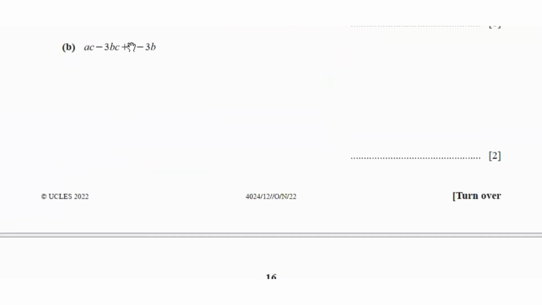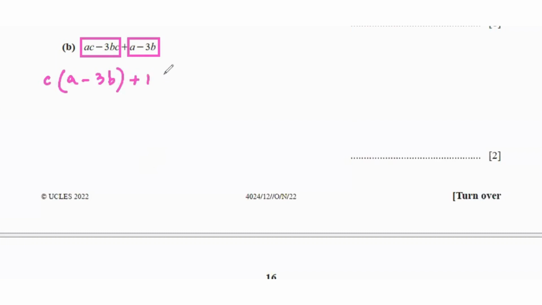ac minus 3bc plus a minus 3b. So in order to factorize this, I'm going to split this into two groups. This is the first group. This is the second group. So in the first group, we can see that we have c common. So c bracket a minus 3b. And in the second group, we don't have a common, 3 common, or b common, but we always have 1 common.